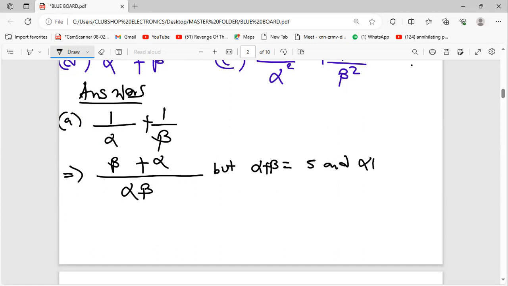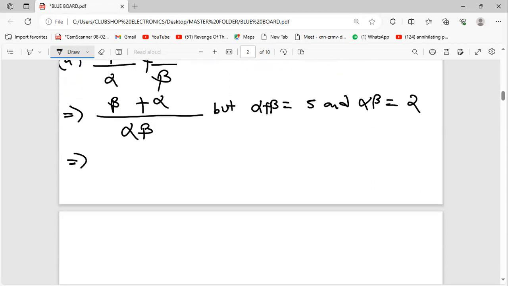And alpha beta equal to 2, substitute. This implies that we have 5 divided by 2. And that's your answer, right? That's it.